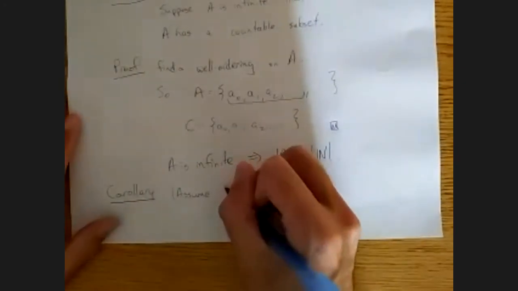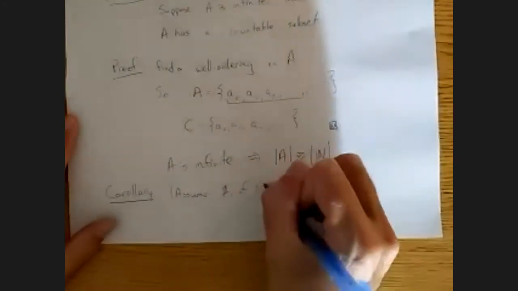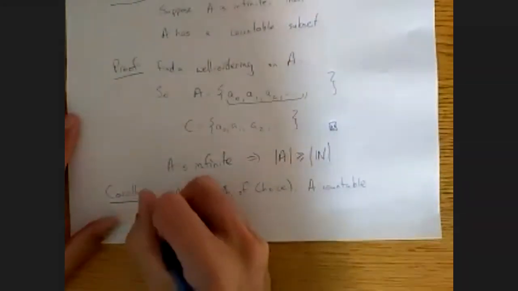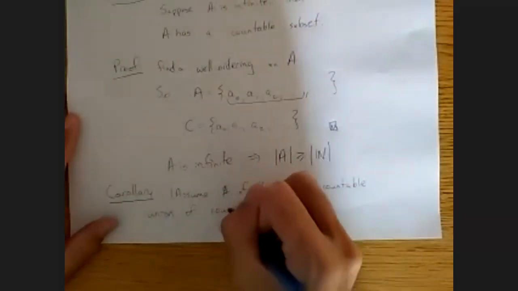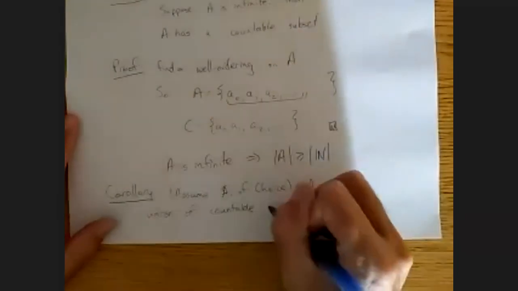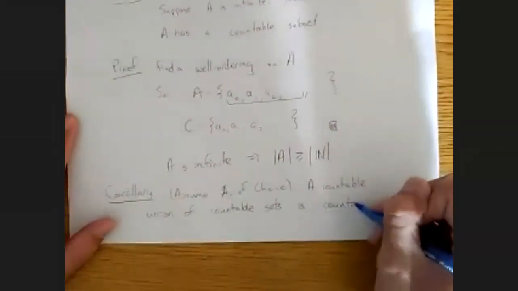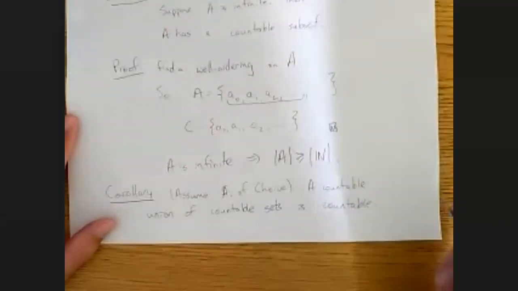Assume choice. Then a countable union of countable sets is countable. A proof.